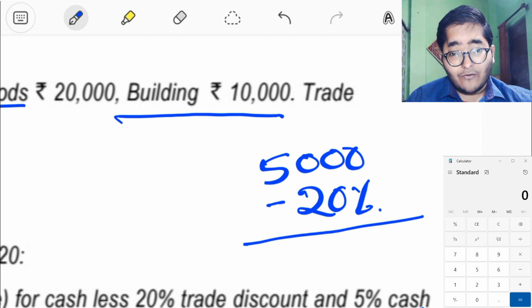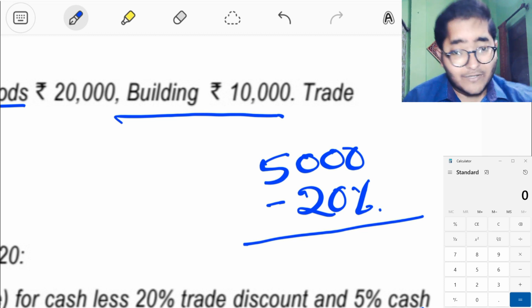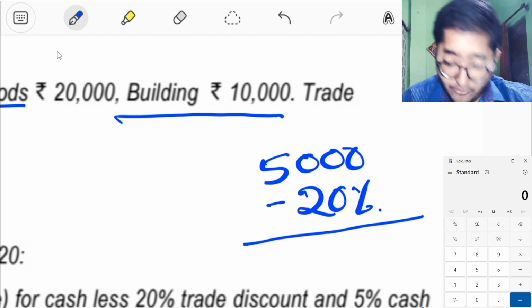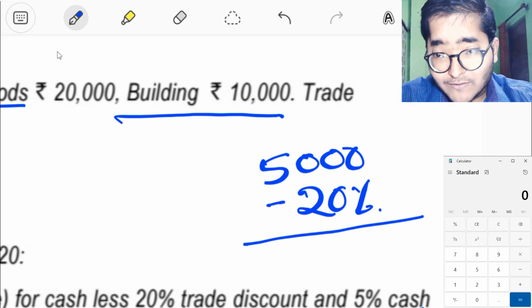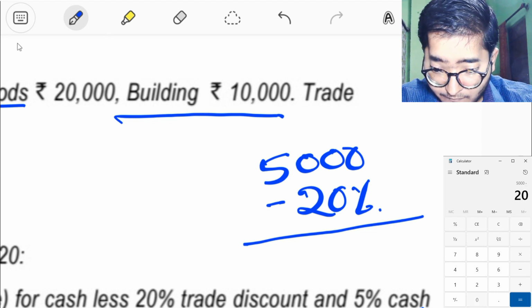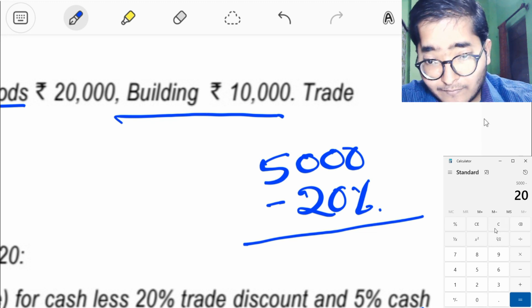So now I hope the camera, this calculator is visible. So now let's start our calculation. First of all, 5,000 minus 20 percentage.